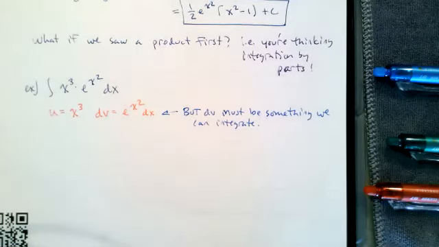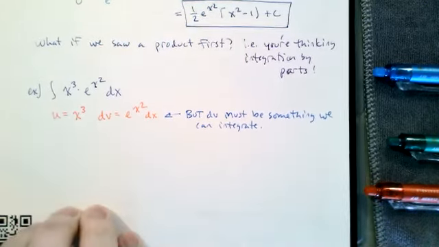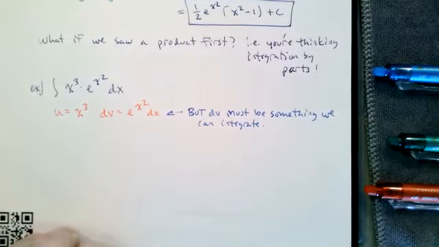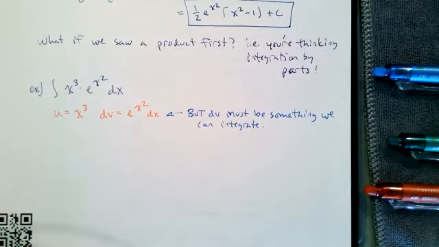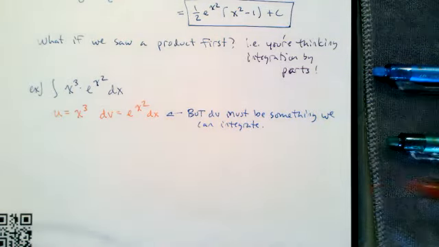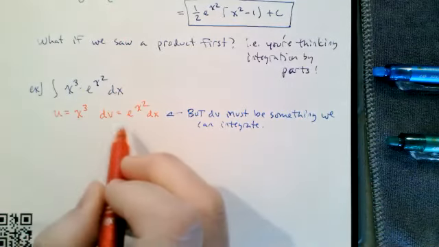So that's what we want to observe here. I can't integrate e to the x squared because I can't do a substitution. W equals x squared requires an x to be the dw. But if I move an x from the x cubed over to the dv slot, then I can.